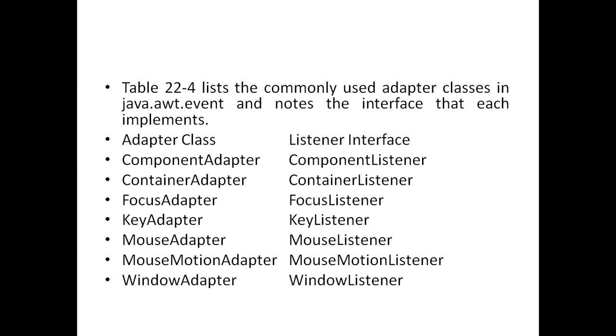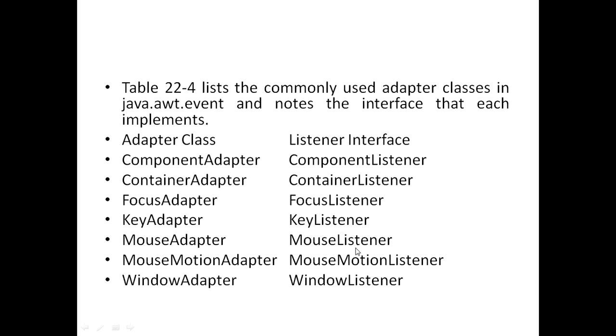So the following list shows the commonly used adapter classes in the java.awt.event package and notes the interface that each implements. Adapter class and listener interface: ComponentAdapter, ComponentListener; ContainerAdapter, ContainerListener; FocusAdapter, FocusListener; KeyAdapter, KeyListener; MouseAdapter, MouseListener; MouseMotionAdapter, MouseMotionListener; WindowAdapter, WindowListener.